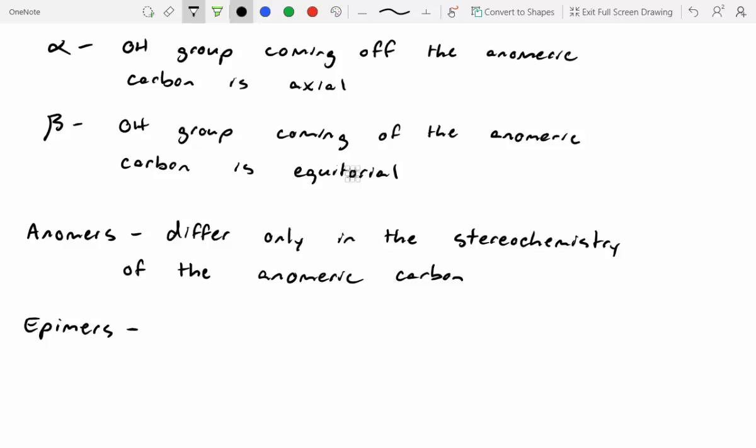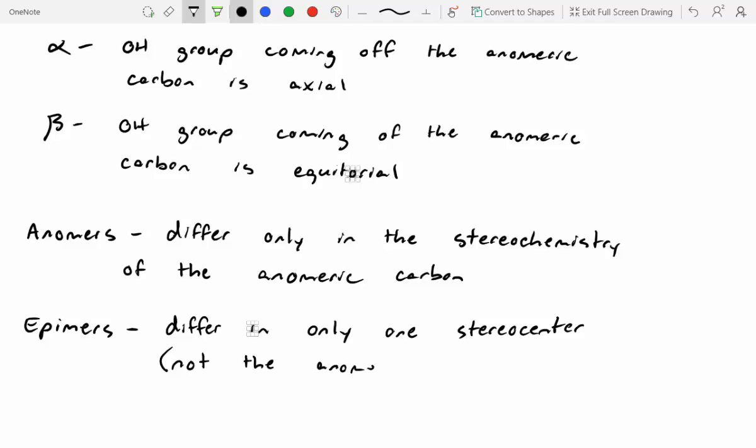Epimers are closely related. They differ only in one stereocenter, but not the anomeric carbon. So you'll see anomers and epimers talked about in the chapter.